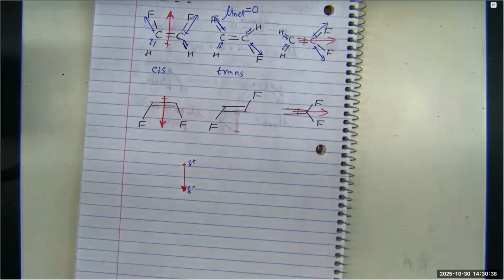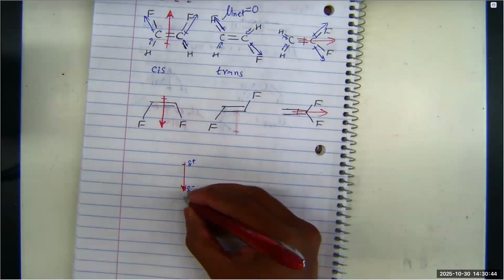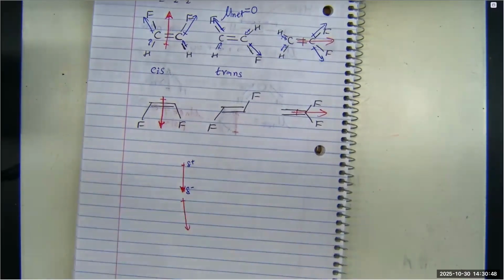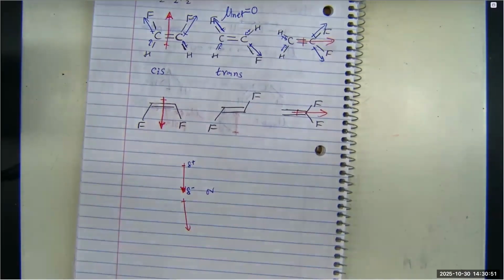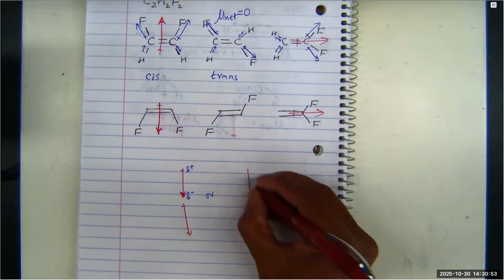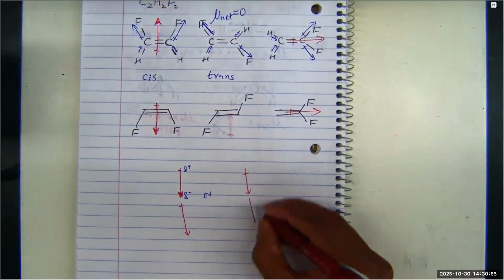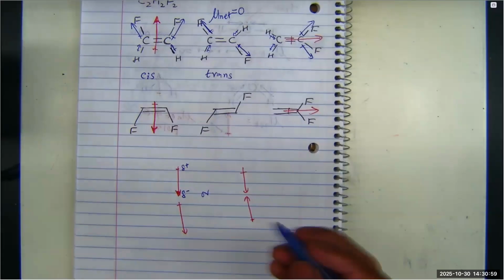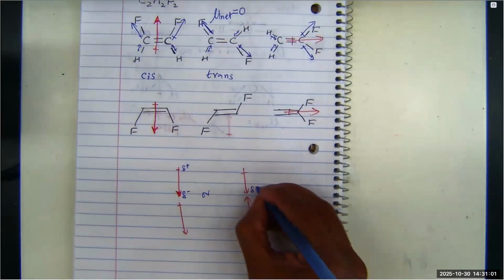So when it interacts with another dipole, will it interact like this, or will it interact like this? What is more probable? So let me indicate charges one more time.